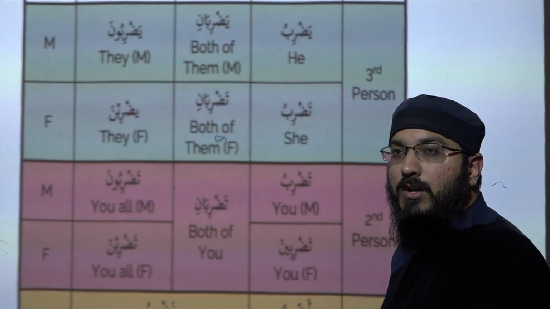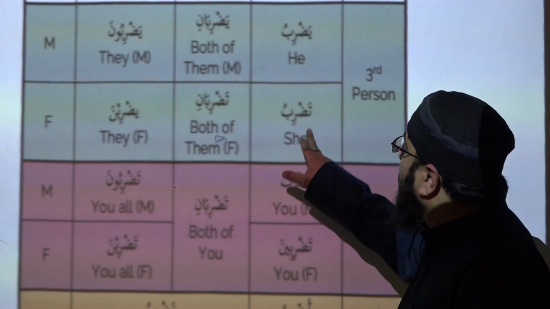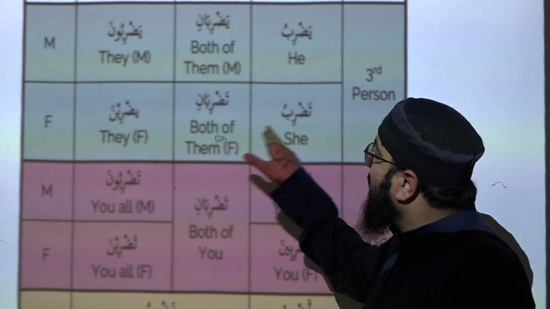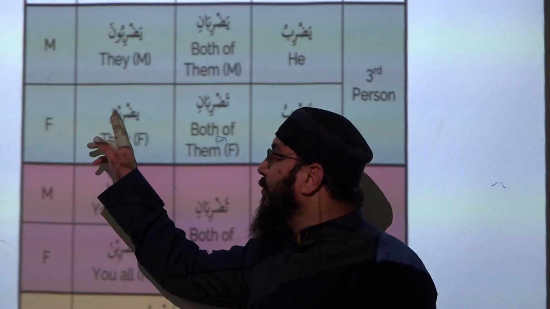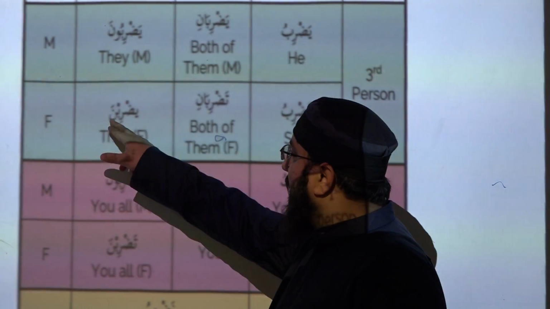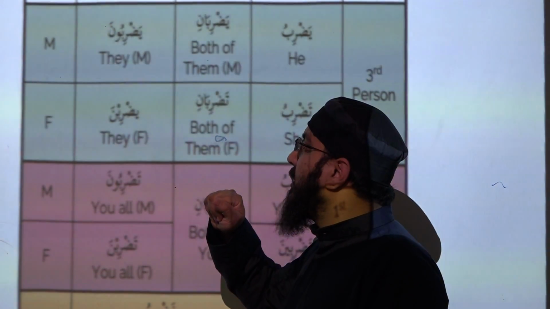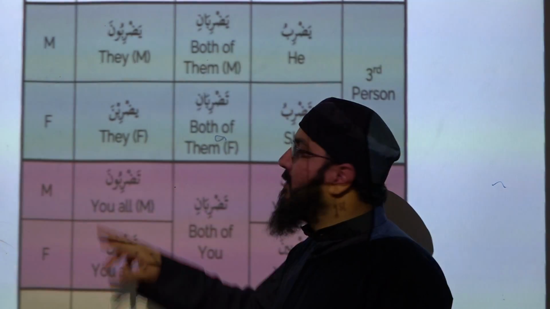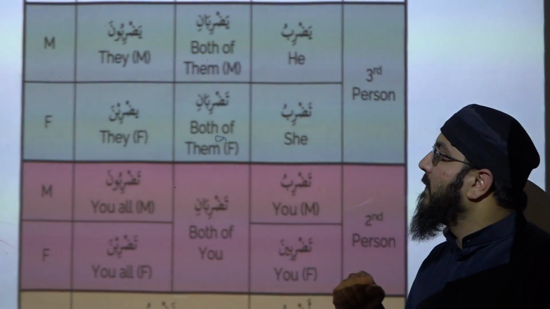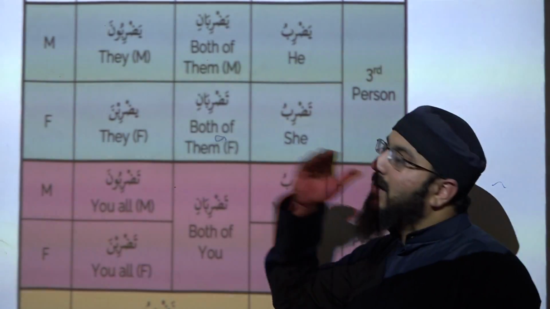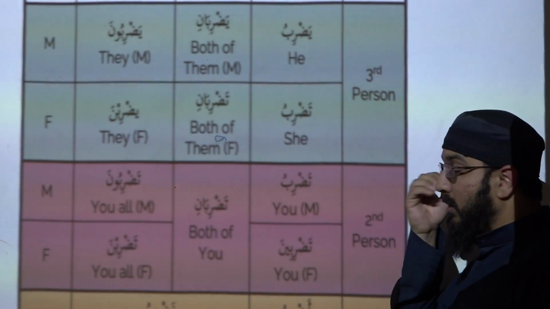Ta indicates the female gender, that's why you have the ta here. But when you get here, the noon also indicates female gender, so you don't need the ta anymore, so they go back to a ya to indicate third person. That's just some tricks of the language.